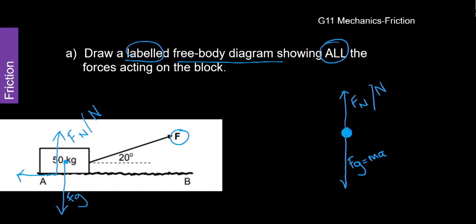We're assuming that this is being pulled in that direction, and so the force is going to act opposite to that of movement, and that is going to be our frictional force. We can write it like this, and we're going to put a little k next to it. That means that it is kinetic frictional force. Now, this force F, the applied force, is at an angle, so we're going to draw it at an angle, and we're going to call it F. All right, I think that's everything we need. Yes, so let's move on.